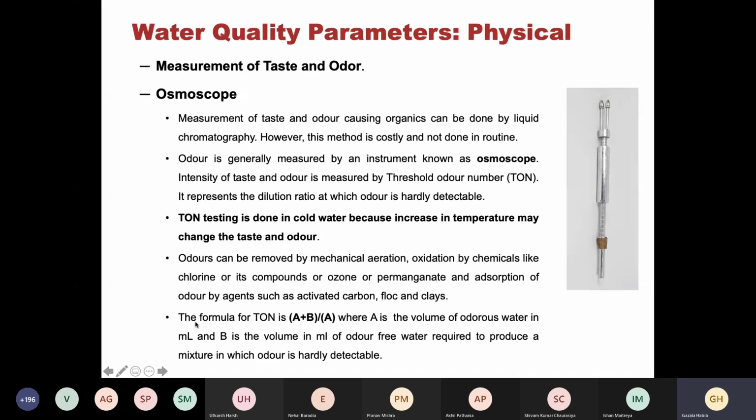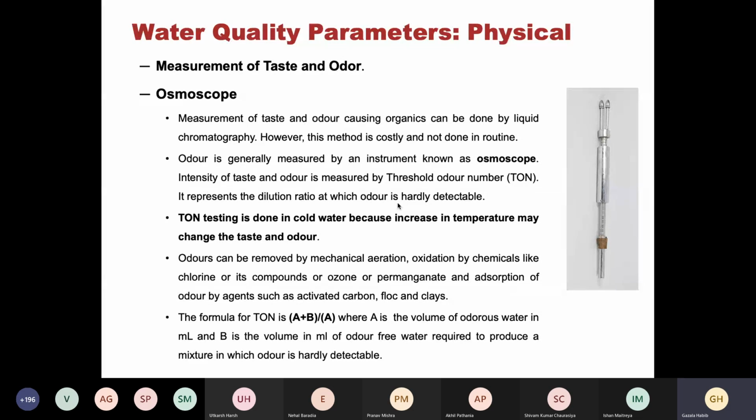So the formula for TON, threshold odor number. Threshold odor number represents the dilution ratio at which the odor is hardly detectable. If you have odorous water and you dilute it until the odor disappears, until you no longer feel the odor, that dilution ratio is an indication of odor, and it is given as threshold odor number.